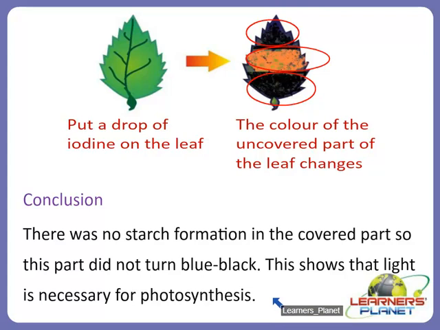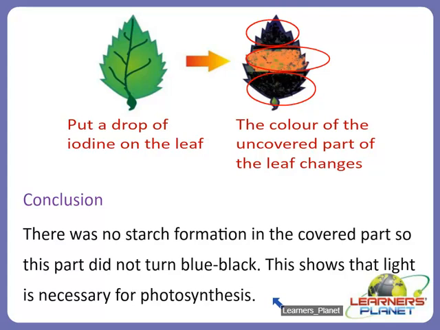So you can now imagine, and you can even experiment on your own, right? You can pick up a leaf and cover part of it using strips of black paper, and then keep it in a dark corner where there is no sunlight. So what will happen? The starch which has to be synthesized by the green plants will not get synthesized.